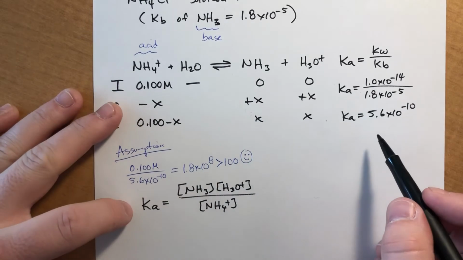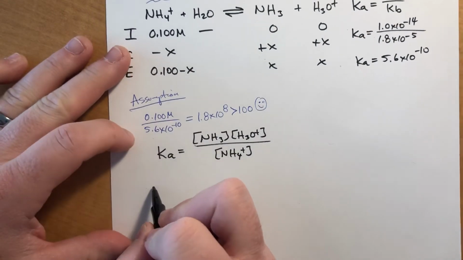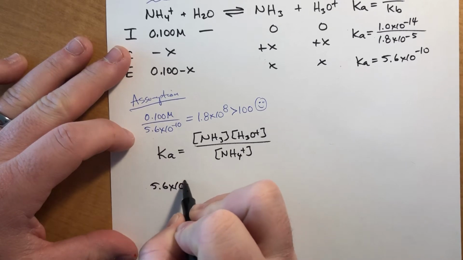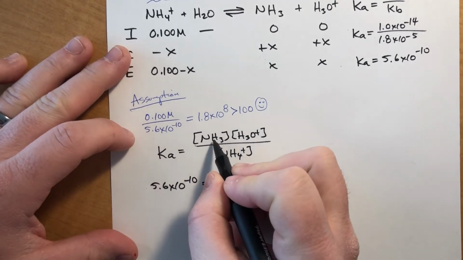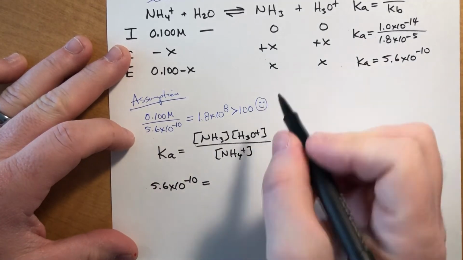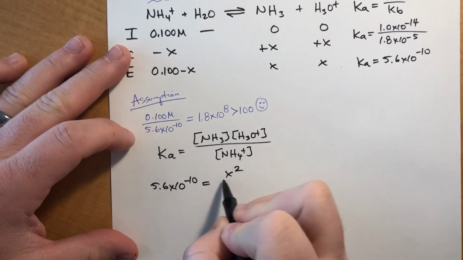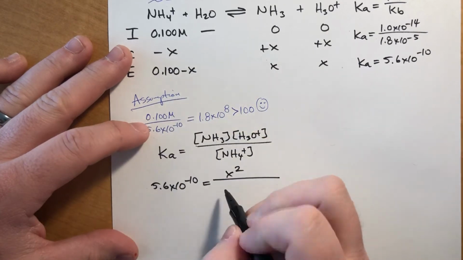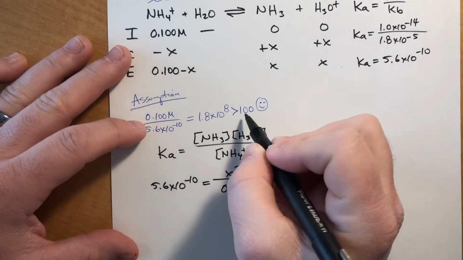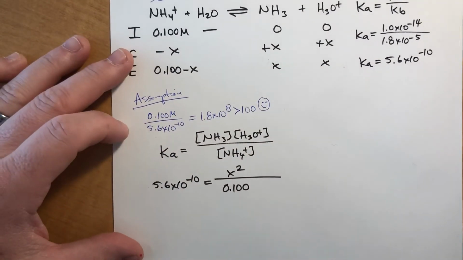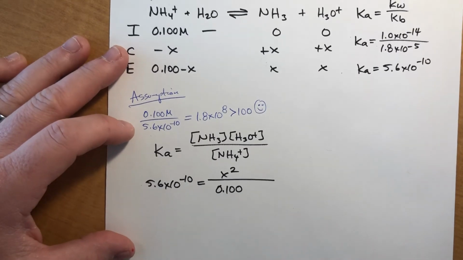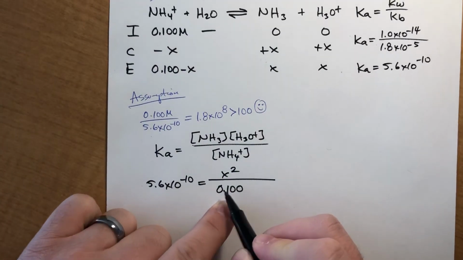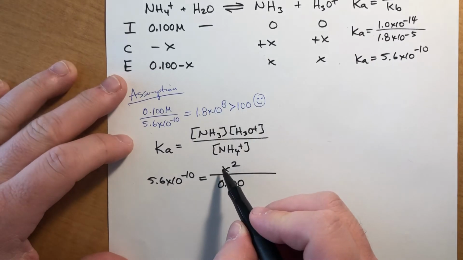So, plugging everything in, Ka is 5.6 times 10 to the negative 10th. This is x, and this is x, right? So I'm going to write this as x squared. And down here is 0.1 minus x, but because of the assumption, I can just write it as 0.1. We're assuming that x is negligibly small. So basically we're multiplying the 0.1 to the other side and then taking the square root.